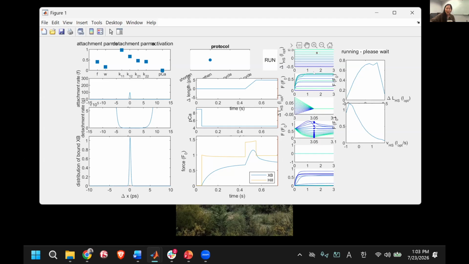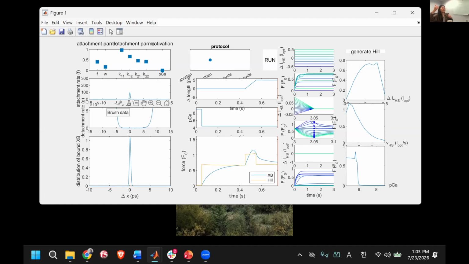So by running multiple simulations at different lengths, velocity, and PCA level, these are the curves we get for length, velocity, and PCA curves. I think those spikes happen because of having too low an attachment rate, and the numerical methods sometimes become a little bit weird at too low or too high values.